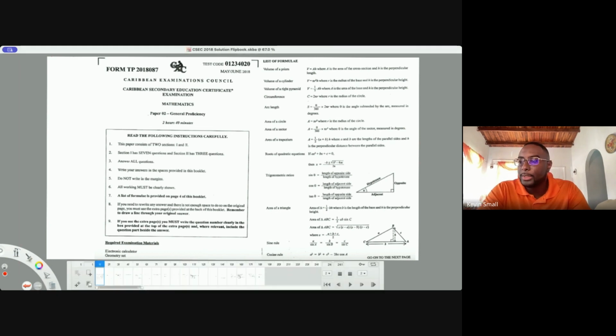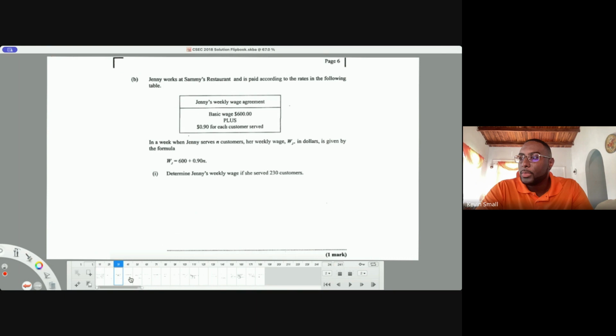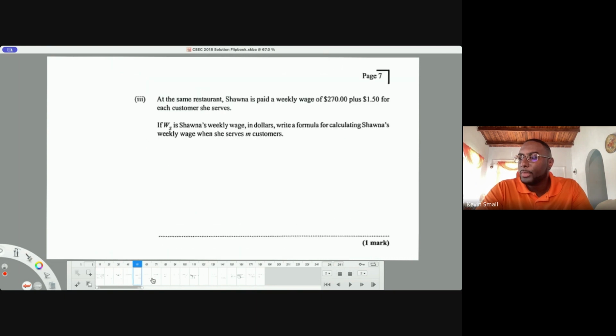But for the purpose of this one here, let's do a quick scan through. Question 1 is always the simple calculation questions. These you can do with your calculator. This one is some kind of consumer arithmetic problem. It continues on.